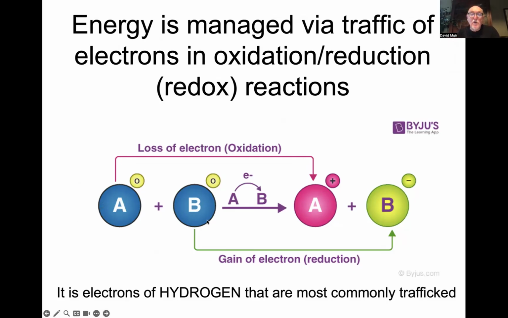And the electron goes to this substance, in this case, B. And B, because it gains an electron, now has a negative charge. So this is also an ion, and this is actually called an anion. It's a negatively charged ion. This is a cation because it is positively charged.